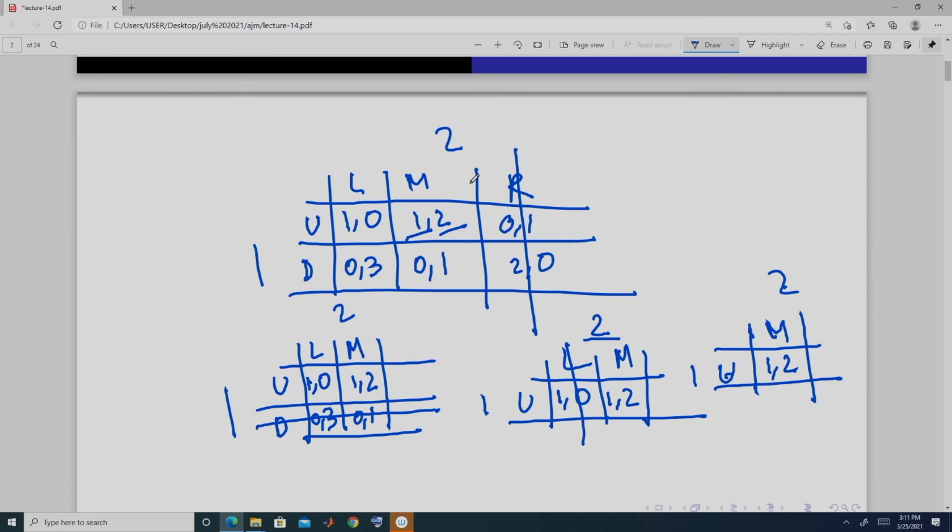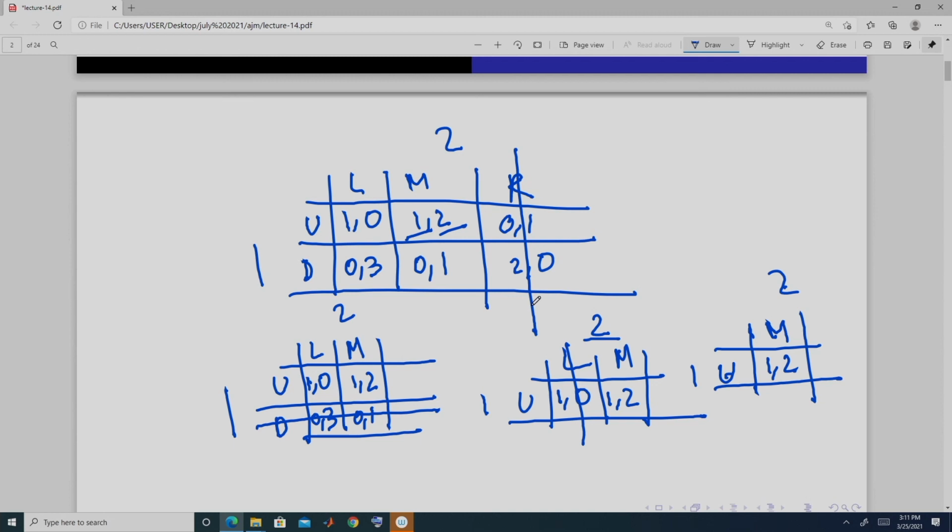And again in the next step it is assuming that player 1 is going to behave in a rational way, and player 2 knows that player 1 knows that player 2 is rational. So, player 2 is also going to behave in a rational way.